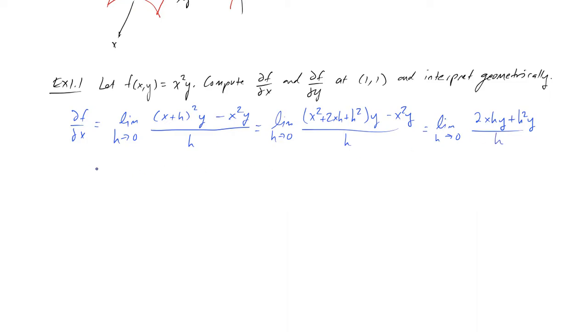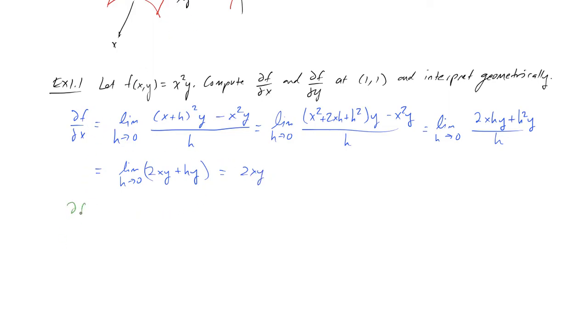The h's cancel. This happens a lot in calculus 1. Same pattern emerging here. So there's an h in every term in the top, so that'll go away. So we'll have 2xy plus hy. And then this expression, as h goes to 0, becomes 2xy. So that's the partial with respect to x.